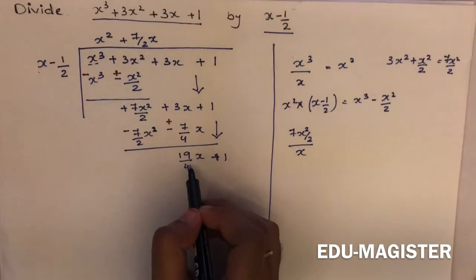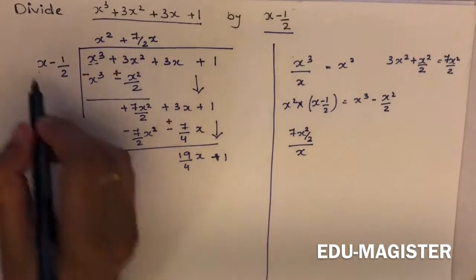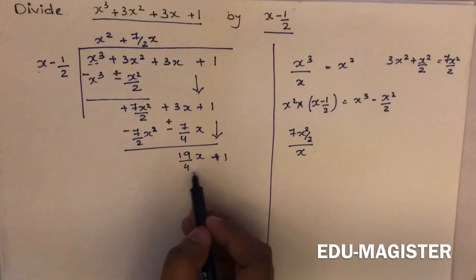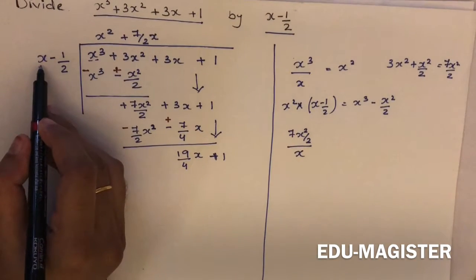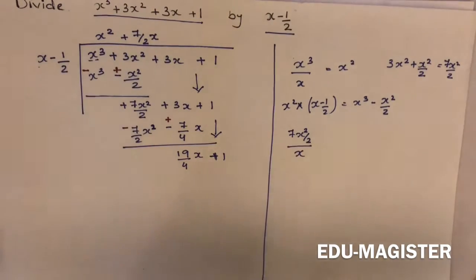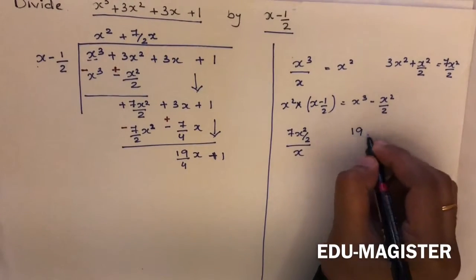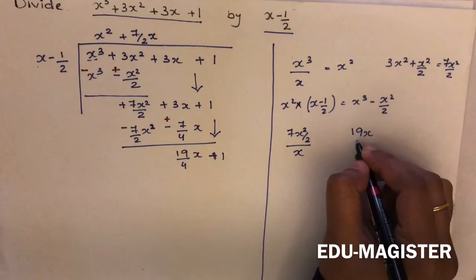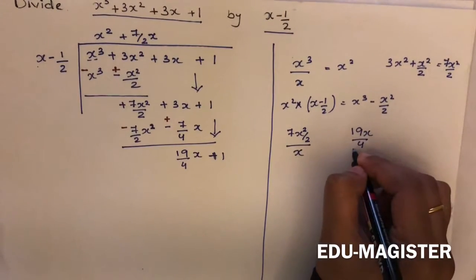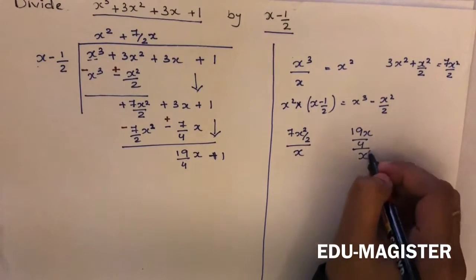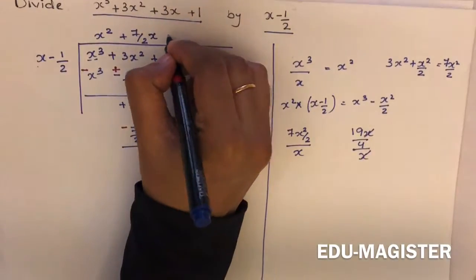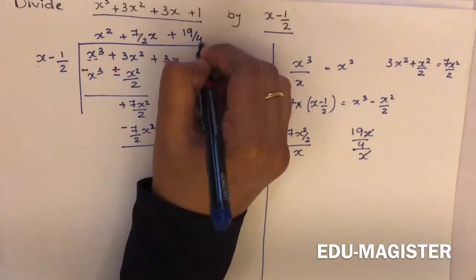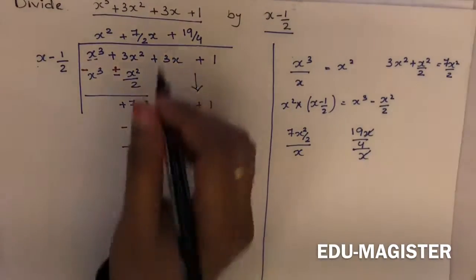Okay. Now you need to divide the first term in this new dividend by the first term of the divisor, that is 19 by 4 x divided by x. X gets cancelled and you are left with 19 by 4. Okay.